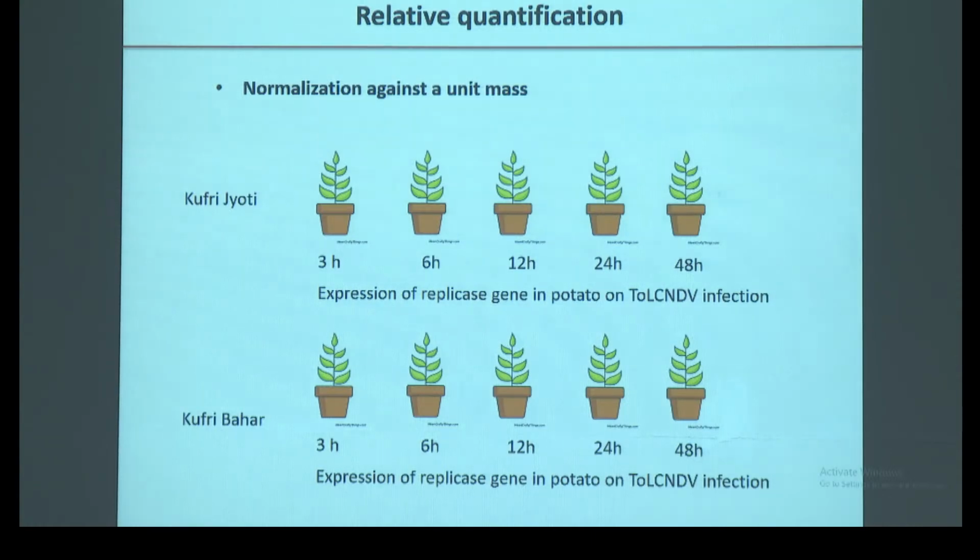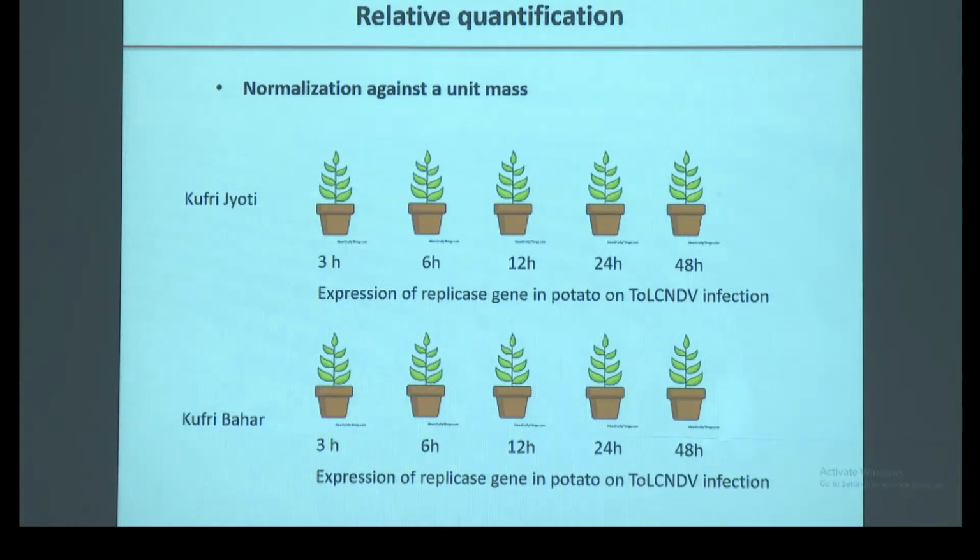So I will go for a relative quantification of virus gene expression after infection, right? So I will take Kufri Bahar as a calibrator. I will compare the multiplication of a gene of the virus inside this Kufri Jyoti at some time periods, right? So the 3R of Kufri Bahar will act as a calibrator.